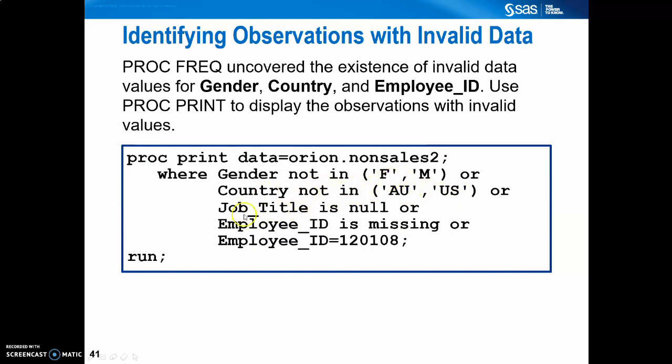For job_title, we are using the operator IS NULL to display the observations in job_title that are missing. Also, for employee_ID, we are using the operator IS MISSING, or the equal operator, to display the observation that is missing and observations equal to 120108 for employee_ID.